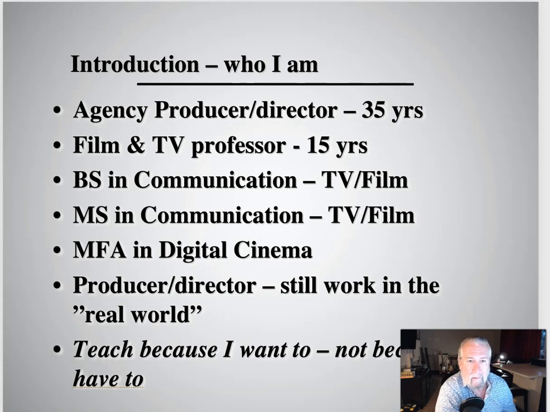I have a bachelor's degree in communication with a concentration in TV film, a master's of science in communication, concentration TV and film, and then a master's of fine art, an MFA in digital cinema. The MFA is what we call a terminal degree, so it's comparable to a PhD. For us in the arts, this is the last degree that we can get.